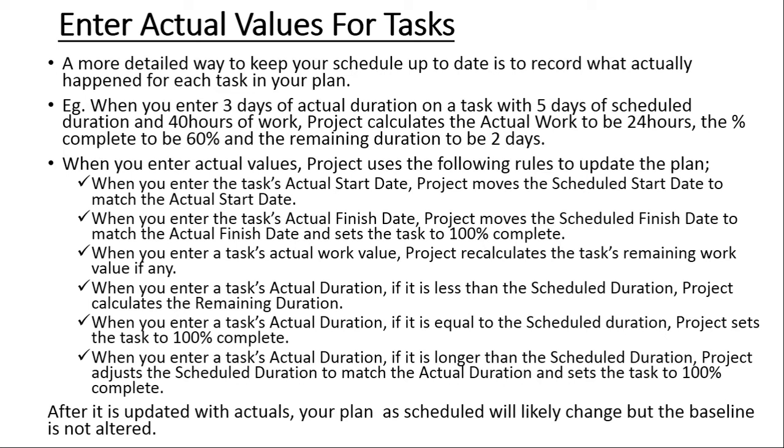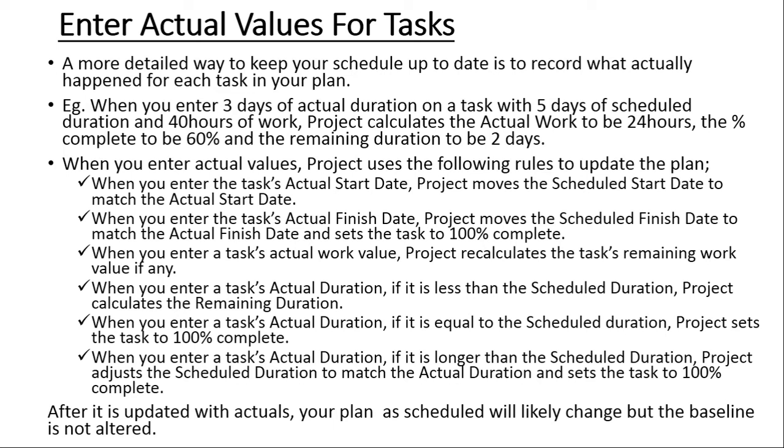However, if we enter a duration which is longer than the scheduled duration, in other words, we scheduled the task for 5 days, but we now come and we say it took 6 days. So the actual is now longer than the scheduled duration.